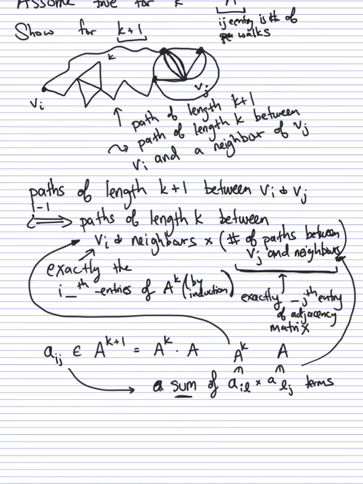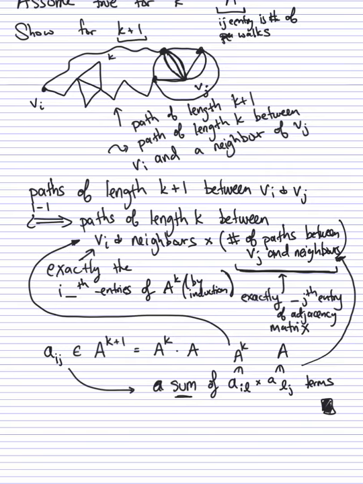It's kind of this nice miracle, or feels like a miracle, of matrix multiplication. You've set up the matrix in exactly the way so that what matrix multiplication is doing is extending a path of length k to a path of length k plus 1 in all possible directions. Okay, so that's the proof.